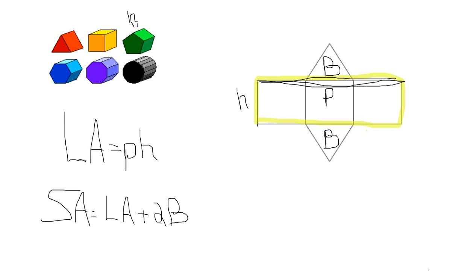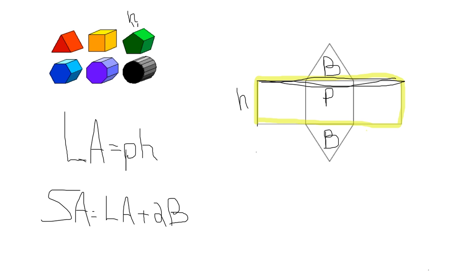When it comes to surface area, that is the total area of all surfaces of the prism, which means I need to add on the two bases that I previously did not find the area for, which is why my formula says lateral area plus 2 times capital B, where capital B stands for the area of the base.